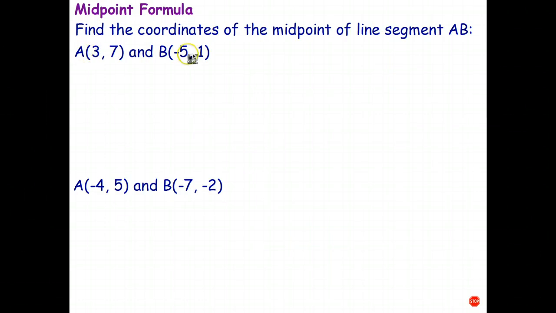So here's the two endpoints of the line segment. A has coordinates 3, 7, B has coordinates -5, 1. It doesn't matter which one we call point 1, so I'm just going to call that one x1, y1. Again, I strongly recommend, same as with the distance formula, that you actually label the coordinates.